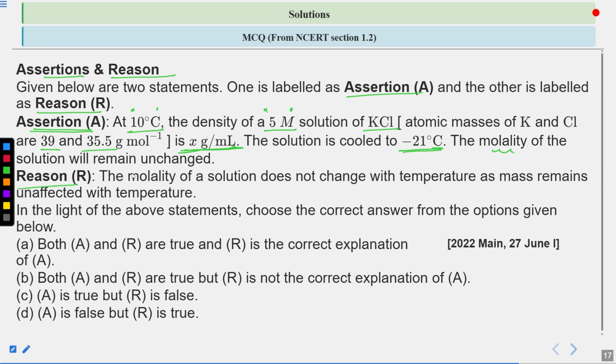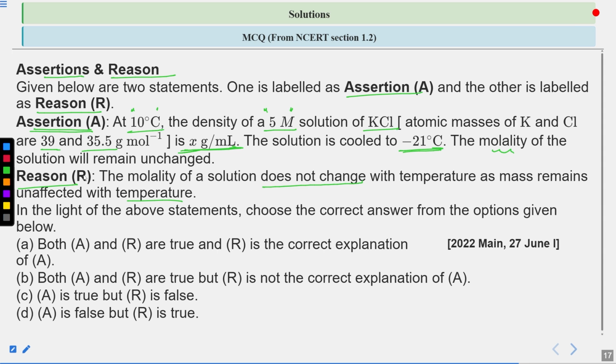Now the reason statement is that the molality of a solution does not change with temperature as the mass remains unaffected with the temperature. The reason says that the molality of a solution will not change with temperature because mass is unaffected by temperature.